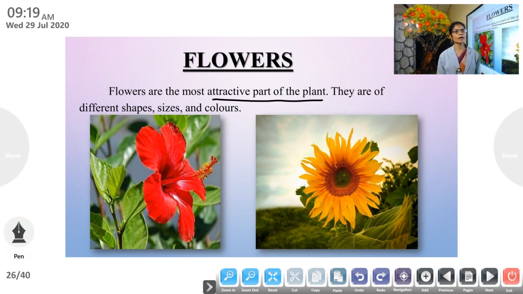They are of different sizes, shapes and colors. Look, hibiscus, sunflower, etc. So, look, it's very beautiful.